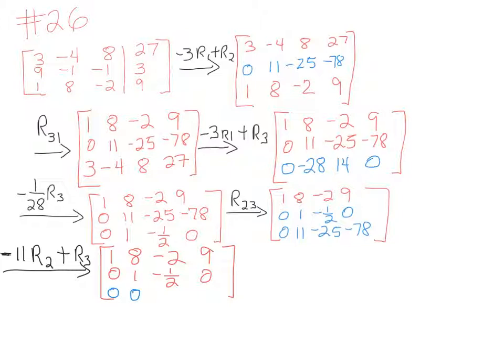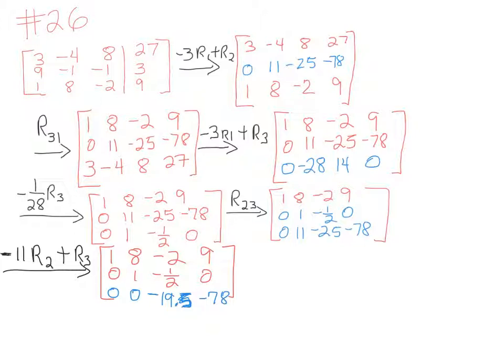Would that be negative or positive? Should be negative, because the 25 is negative. That's bigger. So it's negative 19.5. And then negative 11 times 0 is 0 minus 78 is negative 78. Okay? So now at this point, we can make that negative 19.5 into a 1.